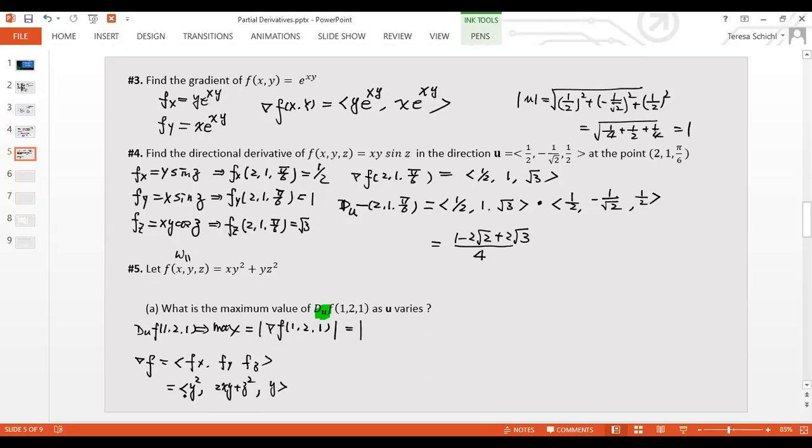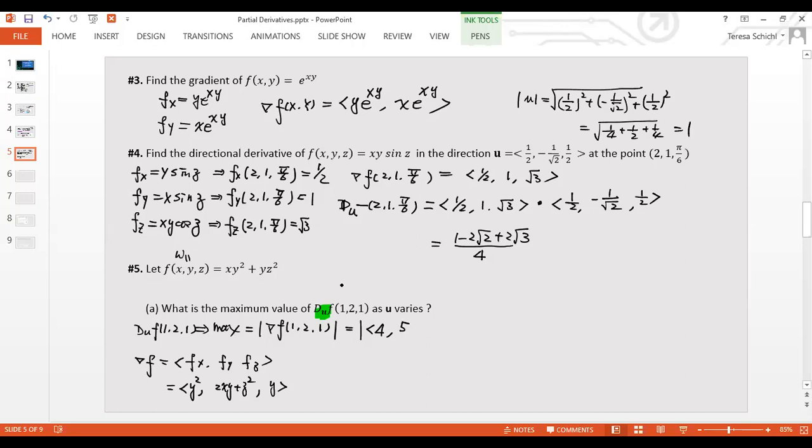So y squared is 4, right? And then f_y, it's 2 times 2 times 1 plus 1, which is 5.